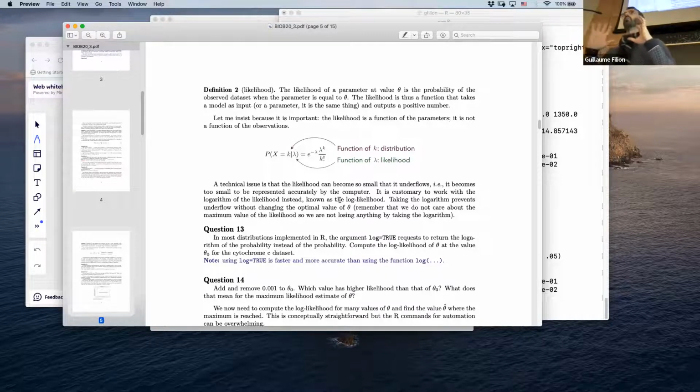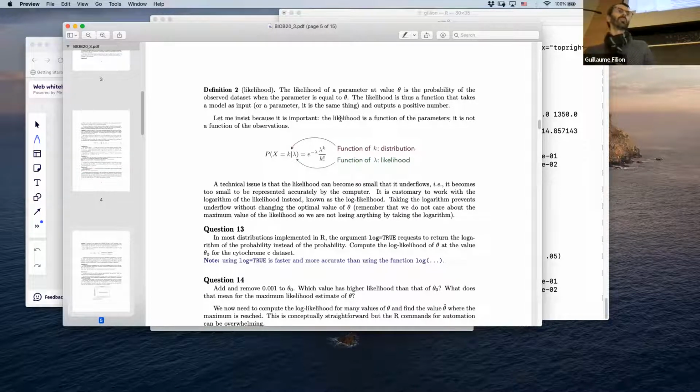This is really showing the duality of how you can understand a probability. There are two things that go inside a probability distribution: the x, the k, the values of what can happen, the events, and the parameter. And you can consider this as a function of the parameter or a function of the events.